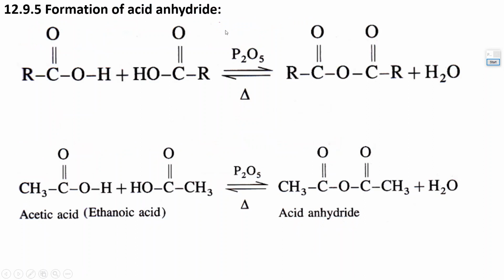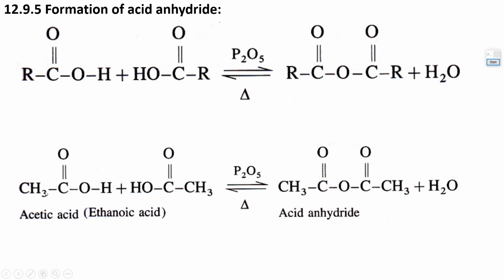Then the formation of acid anhydride. Two molecules of carboxylic acid, RCOOH and RCOOH, with the dehydrating agent phosphorus pentoxide, P2O5. Write down the minor product H2O, and the major product RCO-O-COR. I will show you how to write this acid anhydride structure.